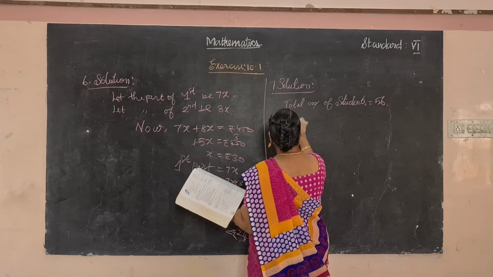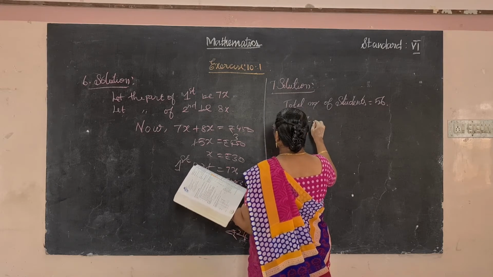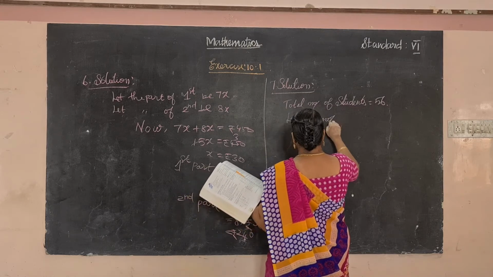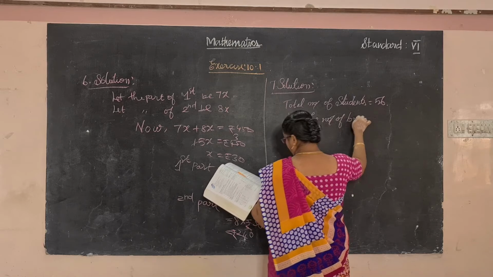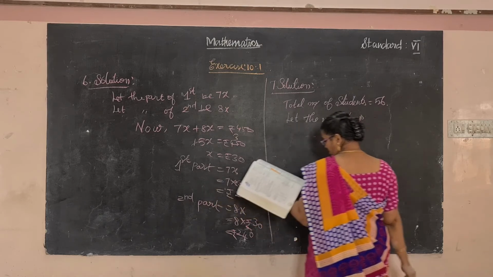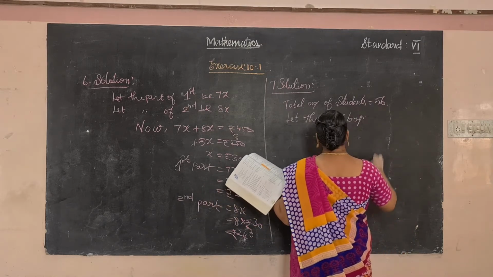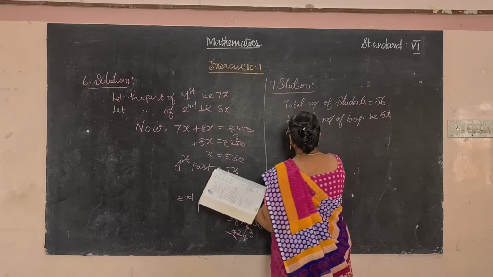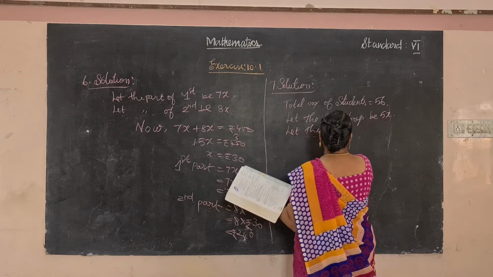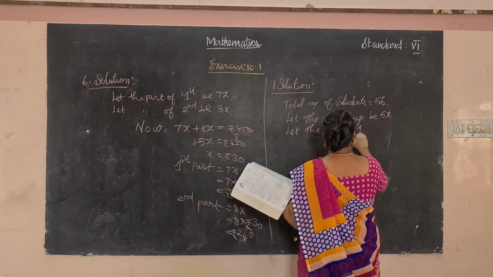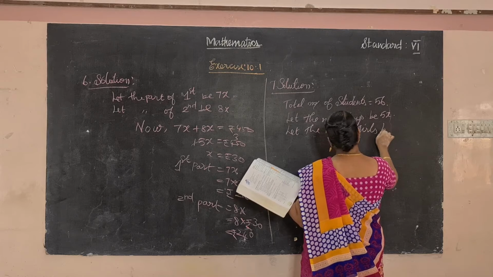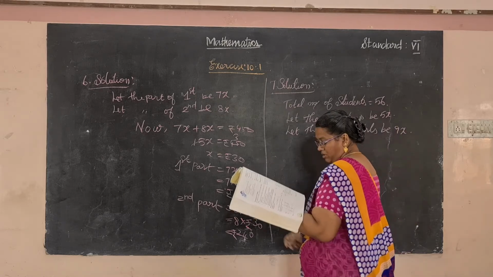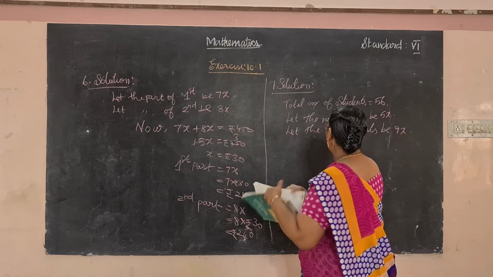Let the number of boys be 5x. Let the number of girls be 9x. Okay, so the total number of students is given.